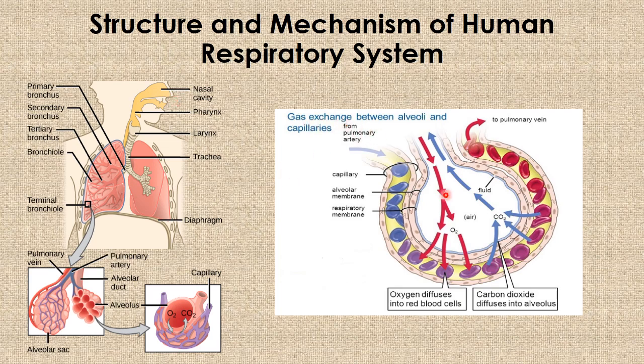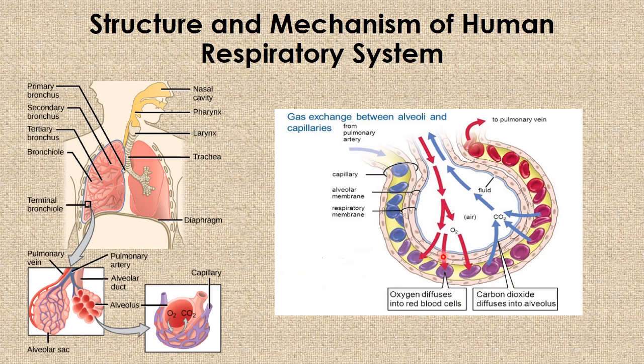So you can see this picture right here shows gaseous exchange between the alveoli and the capillaries. Now you can see the blood vessels surround the alveoli. So as air comes in in the form of oxygen and enters into the alveoli, the oxygen diffuses into the red blood cells. You can see that the red blood cells have different colors.